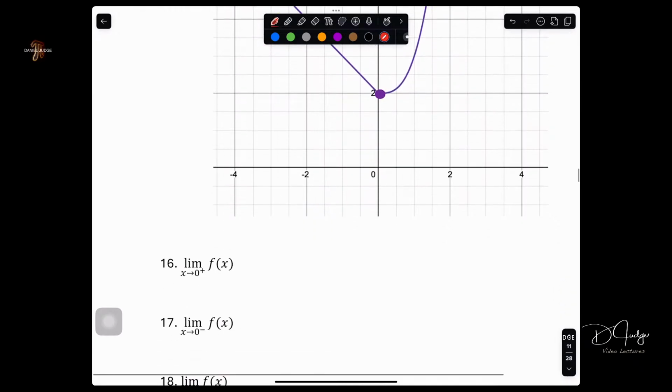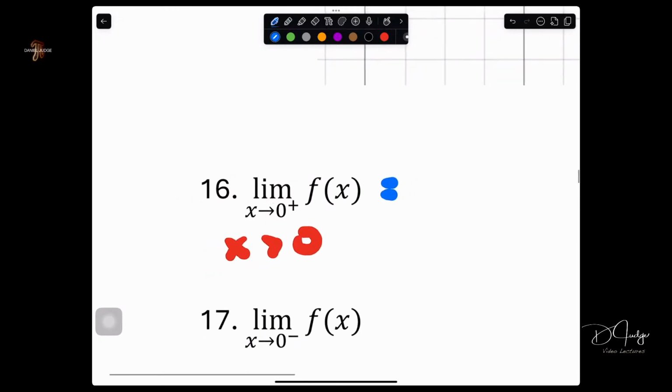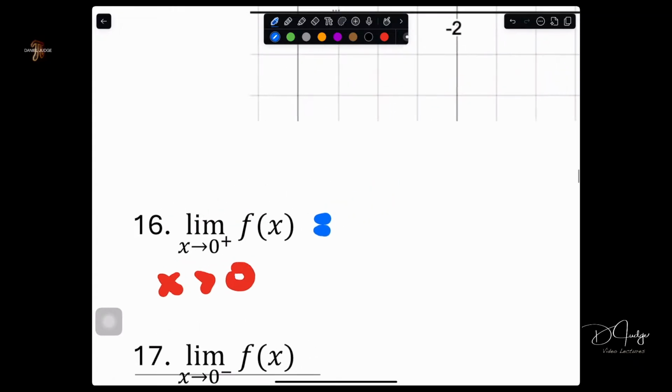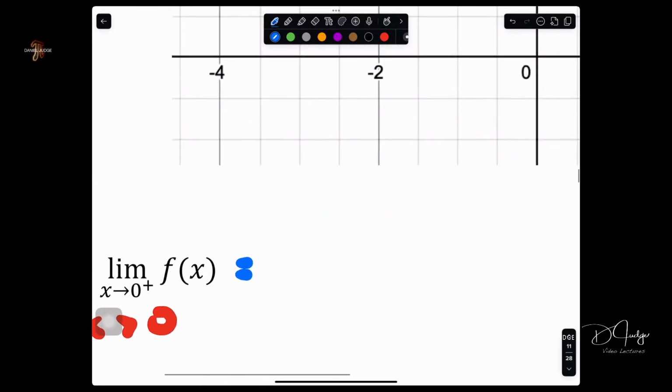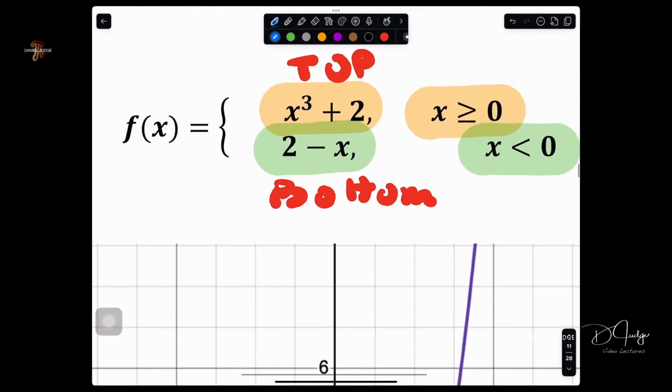So as we can see with the first question, as x goes to 0 from the right, they're talking about using positive x values. Because you're going to 0 from the right, all the x values are positive. So for positive x values, we have to use the top function because it's defined for values of x being greater than or equal to 0.